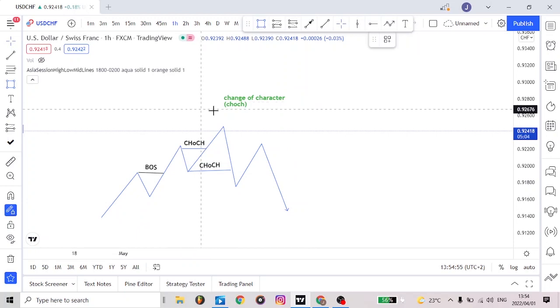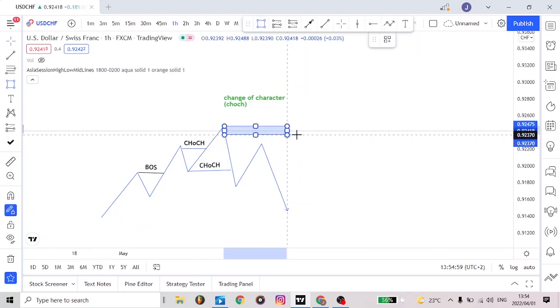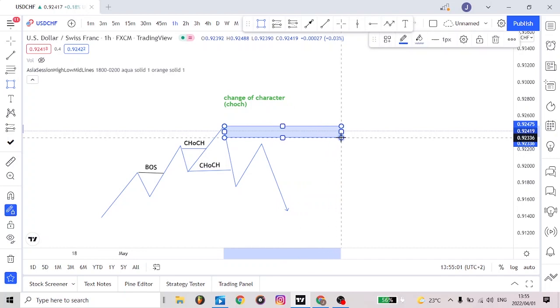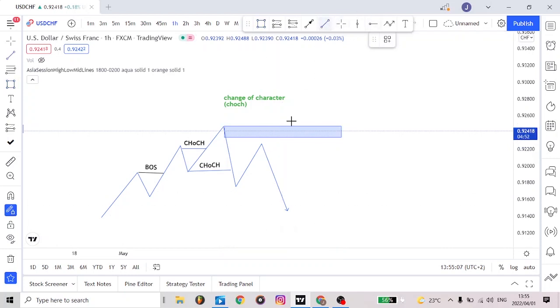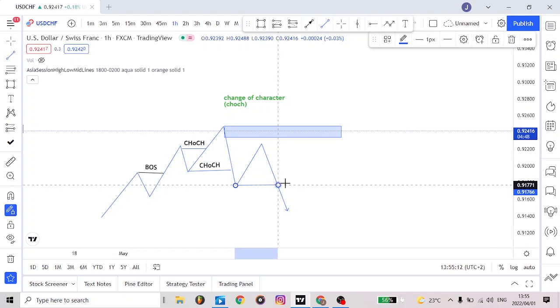So we expect the market to come here to the supply, create a little bit of structure there, and then hit the demand and then start pushing down and continue creating break of structures. So we're gonna go into the charts and try to find examples of a CHoCH.